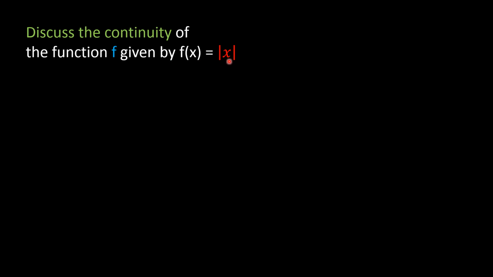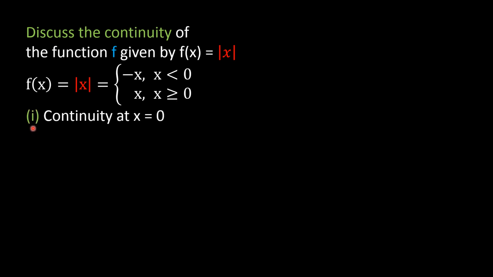Next, discuss the continuity of the function f given by f(x) equals mod x. f(x) equals mod x, which means function f(x) is defined as f(x) equals minus x when x is negative, and f(x) equals x when x is either 0 or a positive number. First, we will discuss the continuity at x equals 0. f is defined at x equals 0.